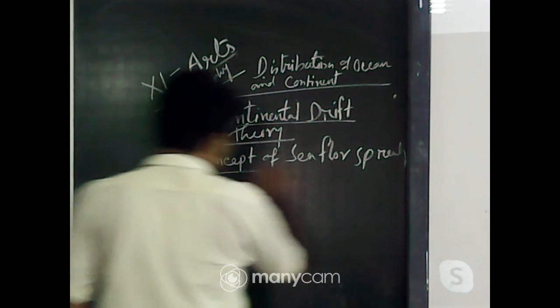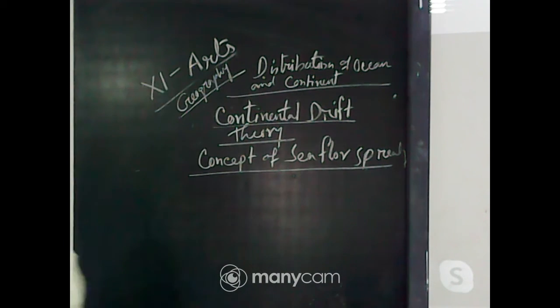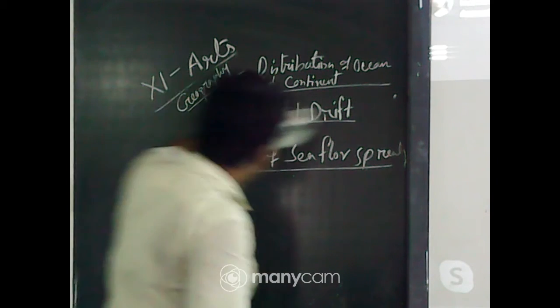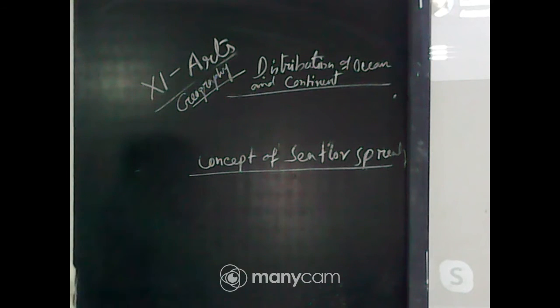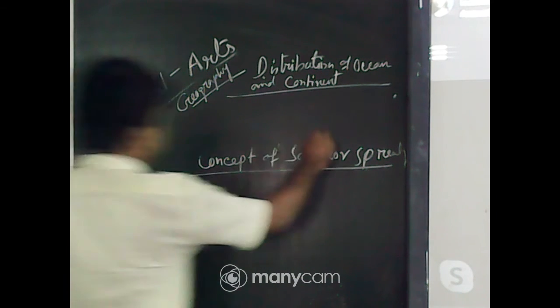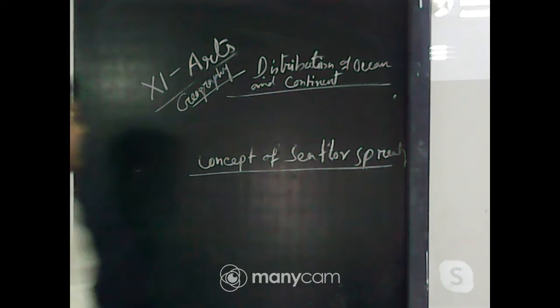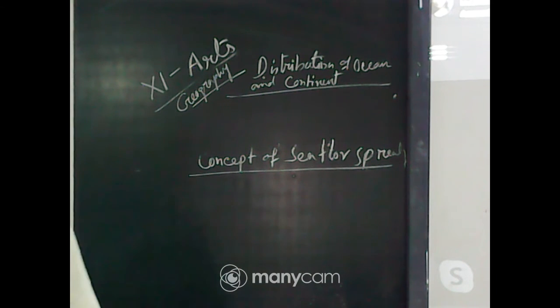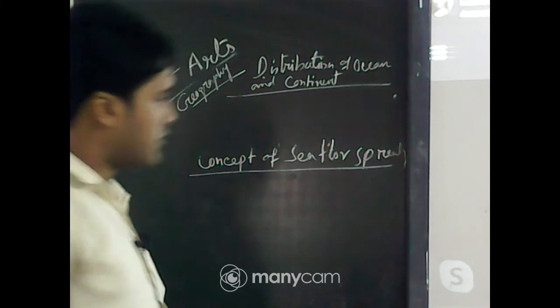This theory also relates to the ocean floor configuration, and seafloor spreading is also related to the continental drift theory. That is why in the same topic you have read about the continental drift theory as well as this portion.